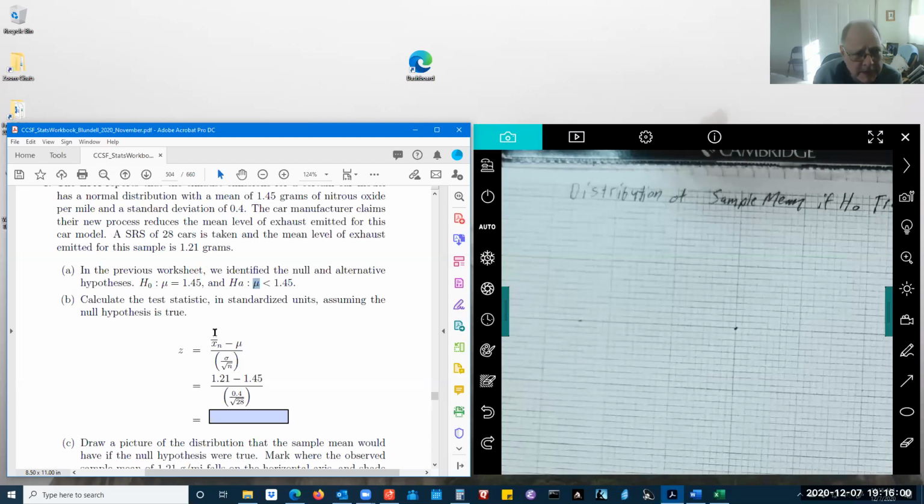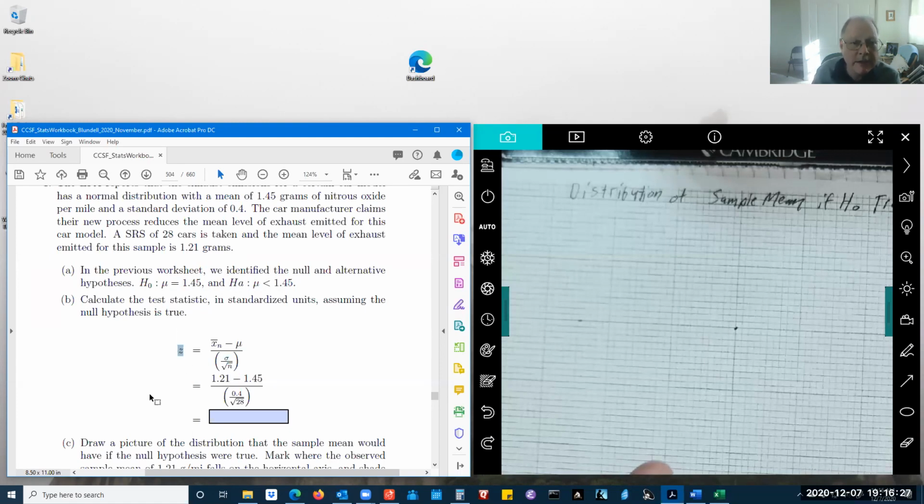Now, in question B, it's asking me to take the test statistic, and sometimes I'll ask people to calculate the test statistic, and they don't know what I'm talking about. Okay, it's the Z. In this problem, because the population standard deviation is known, the sigma is known, we're using Z for our test statistic.